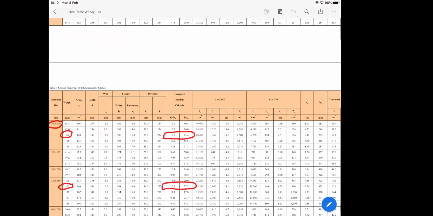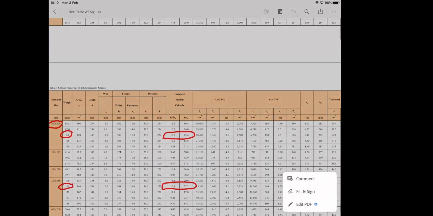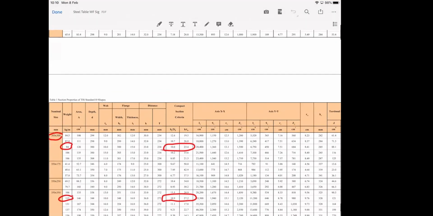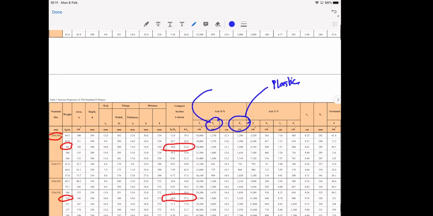You see that in this table you have Z, that is plastic section modulus, and this is S, this is elastic section modulus.